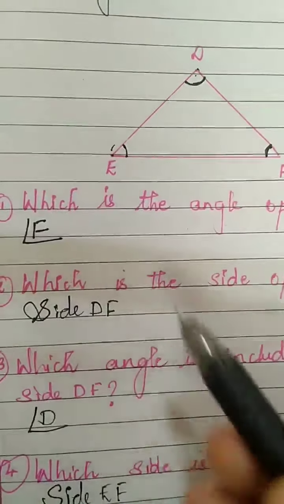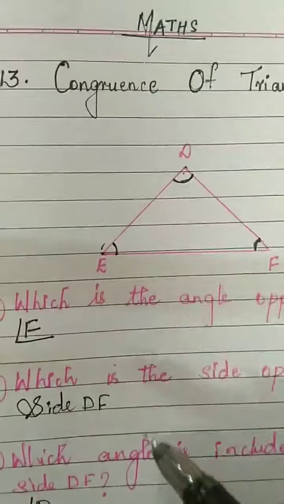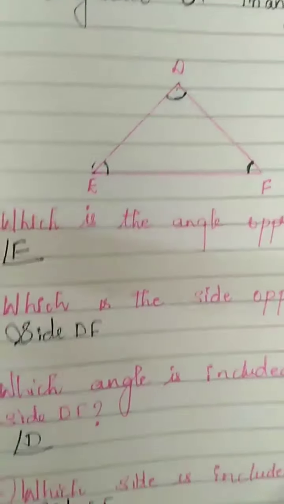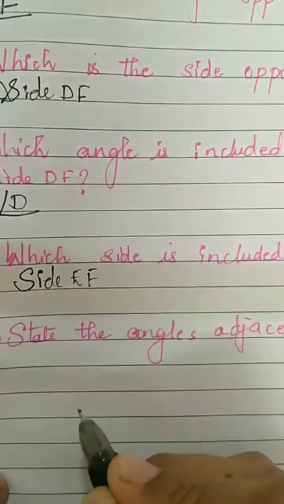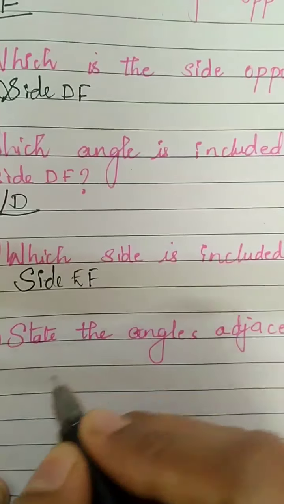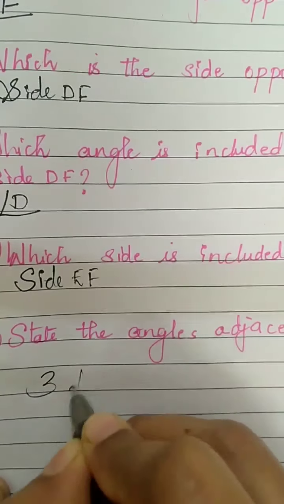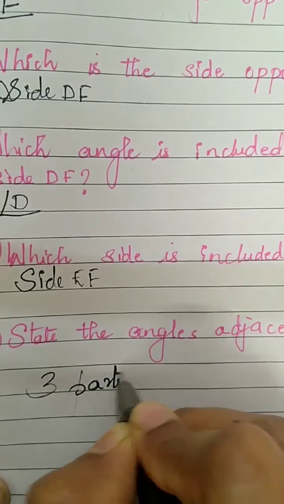Now these questions, if you are able to answer, we can learn about the test of congruence of triangles. To prove that two triangles are congruent, we have to prove three parts of the triangle.